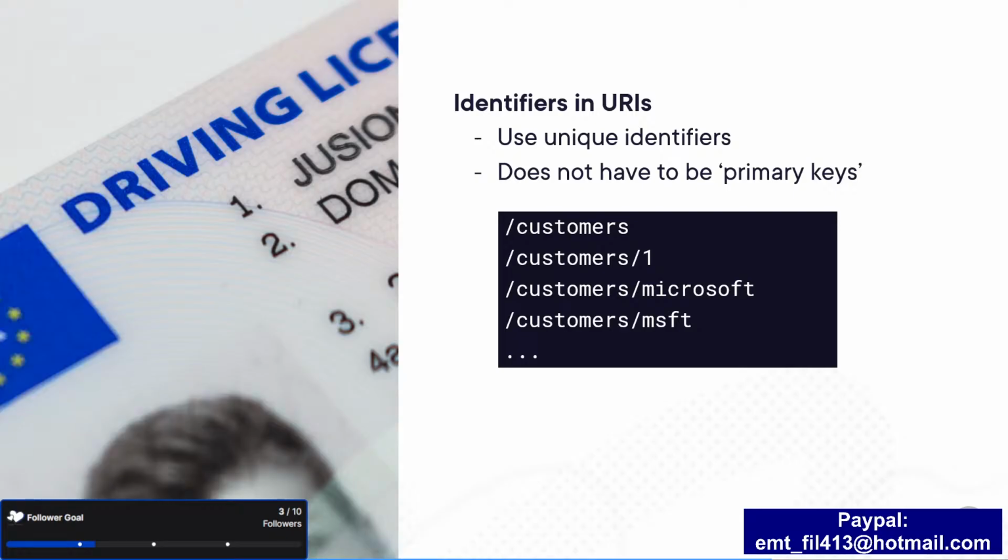Or it could be having the customer name of Microsoft or having the stock ticker of MSFT. You can decide what these primary keys need to be, and that is part of that design process to really understand how to uniquely identify them. The only caveat here is that for customers one, customers Microsoft, customers MSFT, whichever scheme you use, it needs to resolve to one and only one resource.